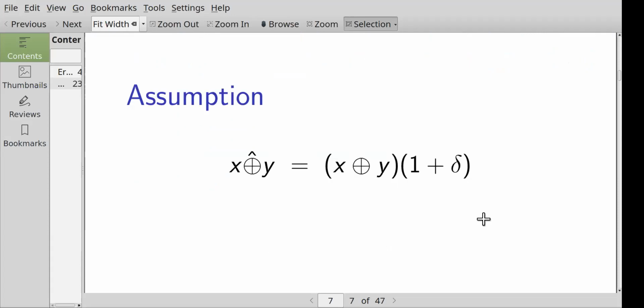Okay, and so the assumption will be that if I take two perfect numbers, x and y, no approximation, so let's call that x plus y, or it could be x times y or x divided by y, any floating point operation involving two floating point numbers, then x plus-hat y should be equal to x plus y times 1 plus a delta, and that error is coming from some error in the implementation of the floating point operation.